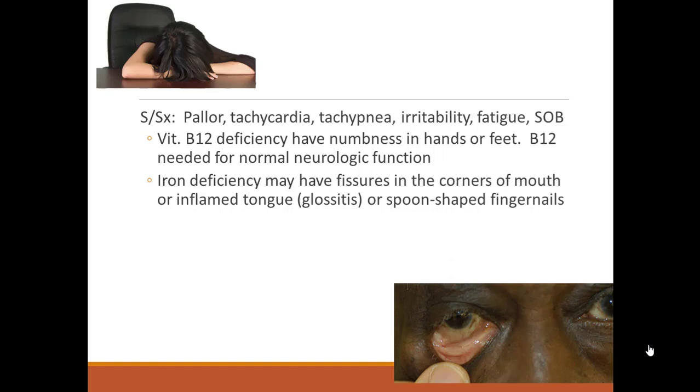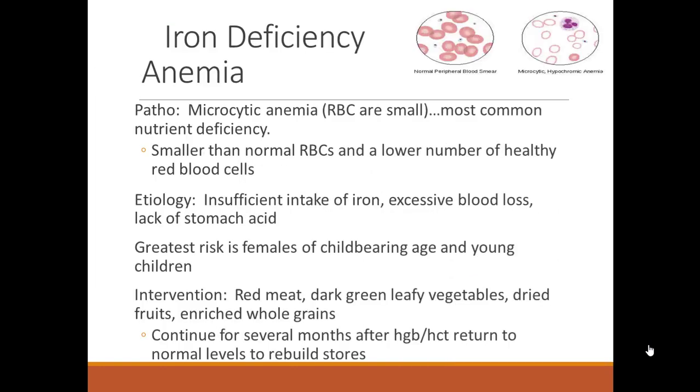Sorry, I had my note wrong. Iron deficiency anemia might have glossitis, like a beefy red tongue. They might have spoon-shaped fingernails, clubbing of their fingernails, because of the lower oxygen saturations, and they might also have fissures in the corner of their mouth. But we'll get into each one of them now.